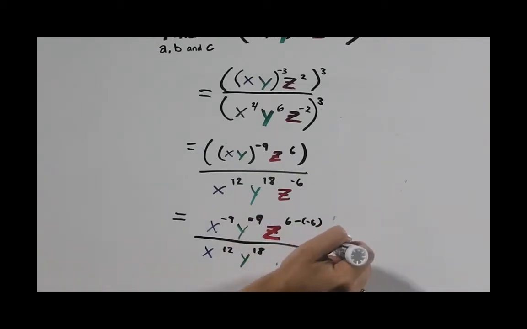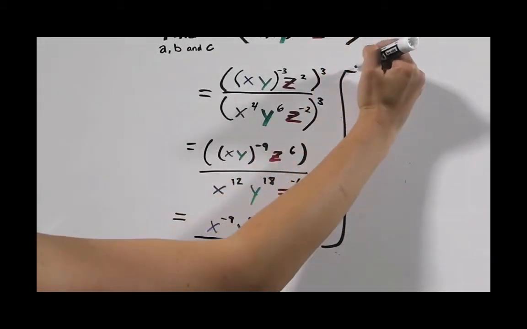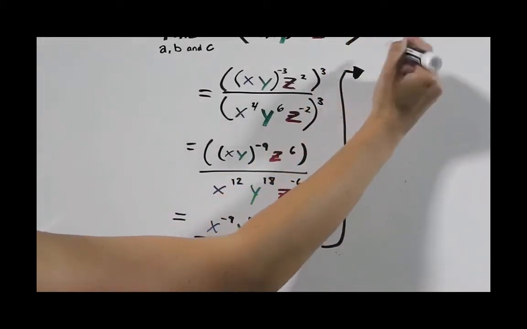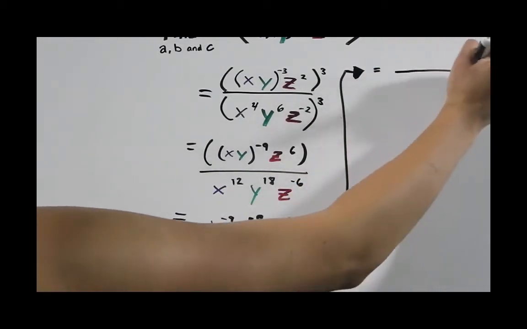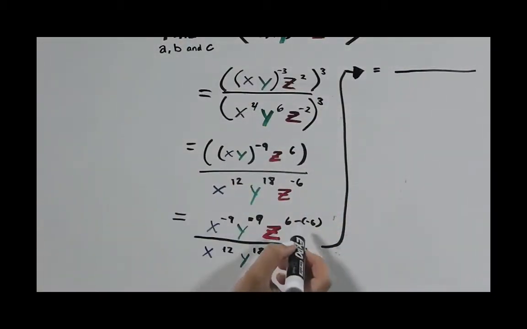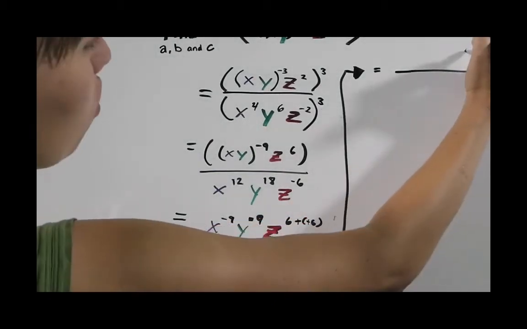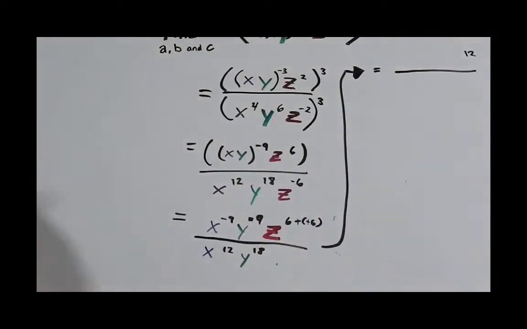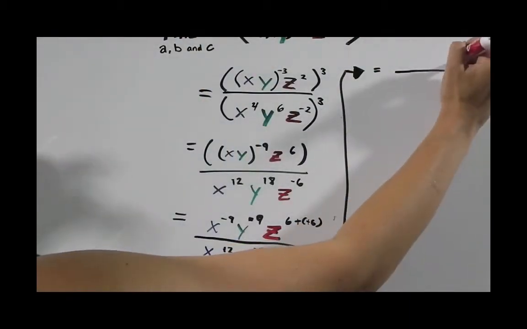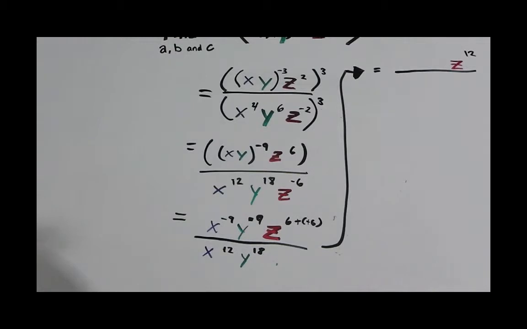So, that is equal to the following expression. We can add these two together into one number, so 6 minus a negative 6 is 12. It's the same as 6 plus 6. And then let's bring these two up to the numerator. So if we brought it up to the numerator, that would be a negative 12.